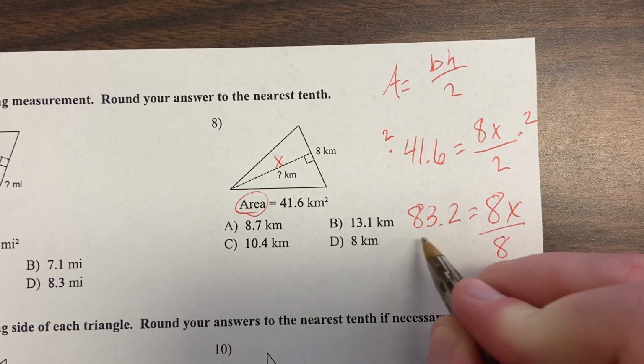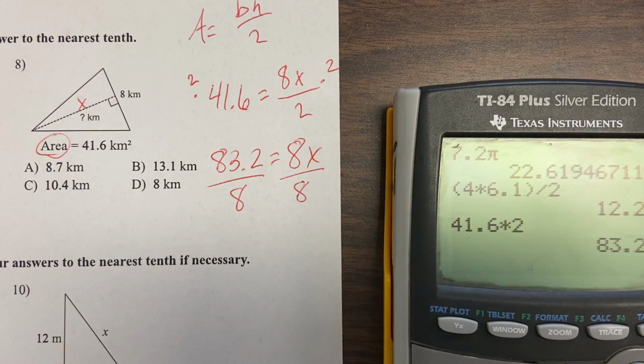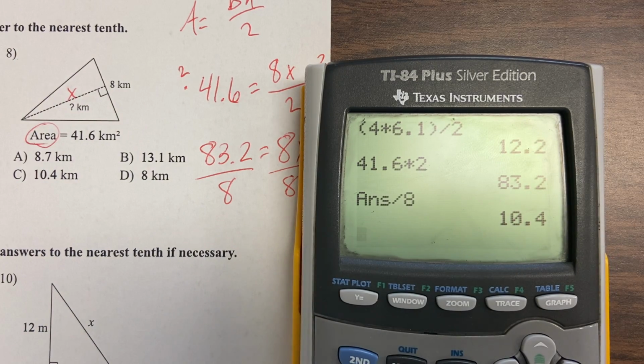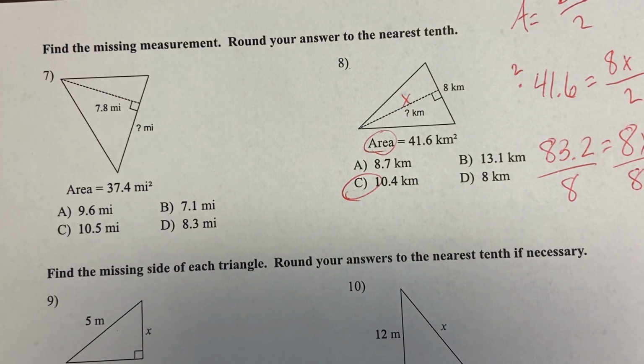Using our solving equation skills, that's multiplication, so we'll undo multiplication through division. We divide 83.2 by 8, and it tells us 10.4. It tells us to round our answer to the nearest tenth, so we'll keep that decimal of 0.4. As we look at our results, letter C tells us we have the 10.4.